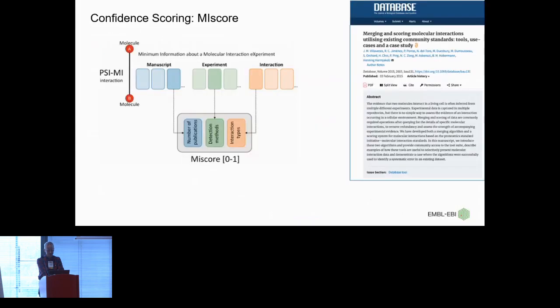And all of this is codified in an externally accessible curation manual, so everybody can look up how we are actually doing these things. And one thing this allows is confidence scoring, which is not based on machine learning, like most published confidence scoring systems, but it's a heuristic system, which is based basically on the number of independent reports of an interaction and the experimental technologies which were used, and this is then scored and aggregated into a score between 0 and 1.